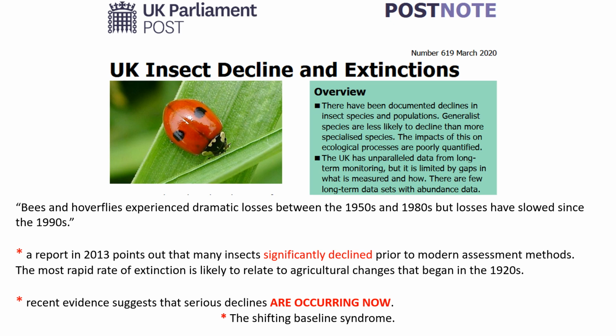It is almost impossible to gain a sense of what is really happening, and I think it's a disgrace. It also succeeds in completely muddying the water on the subject of insect biodiversity declines. Looking at that, there's that quote there about bees and hoverflies and dramatic losses between 1950s and 1980s, but losses have slowed since the 1990s.